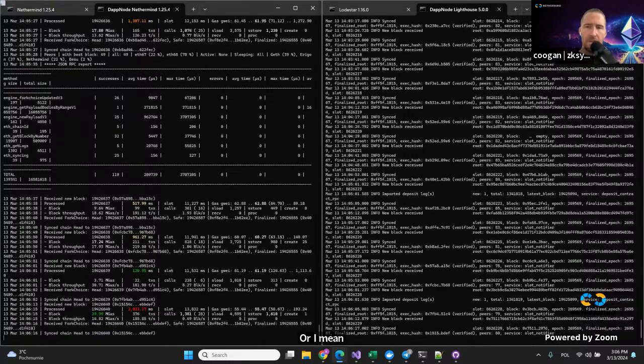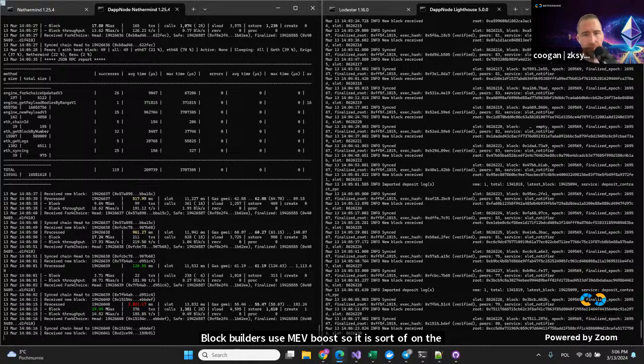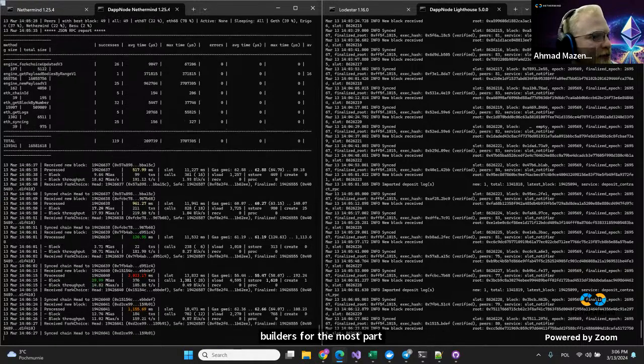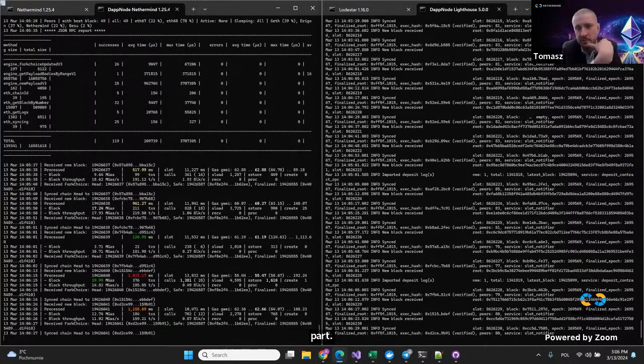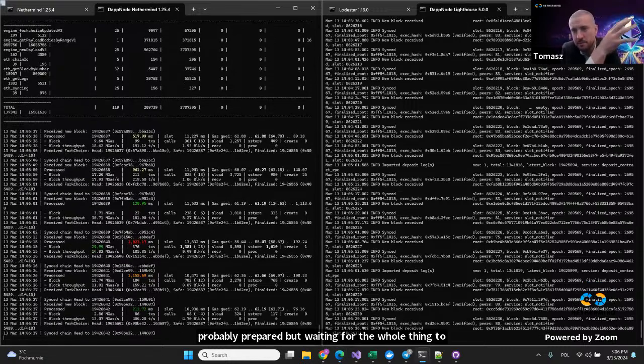Wasn't someone just sharing that 90% of block builders use MEV boost? So it is sort of on the builders for the most part. Yeah, but the MEV boost and the builders are probably prepared, but waiting for the whole thing to play out. Very often when you have a smooth transition, you just confirm that the technology works, that some blobs are included, and then the market adjusts.